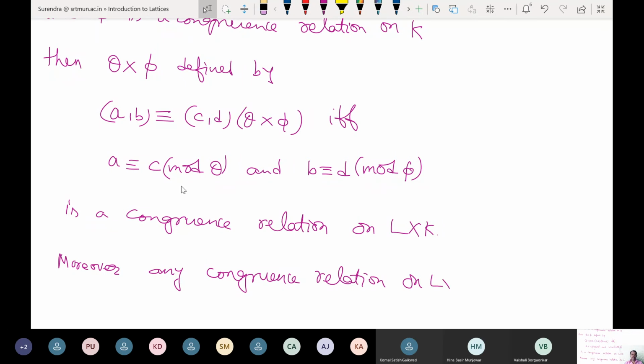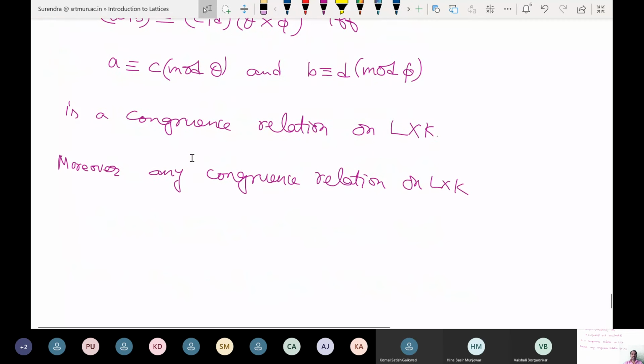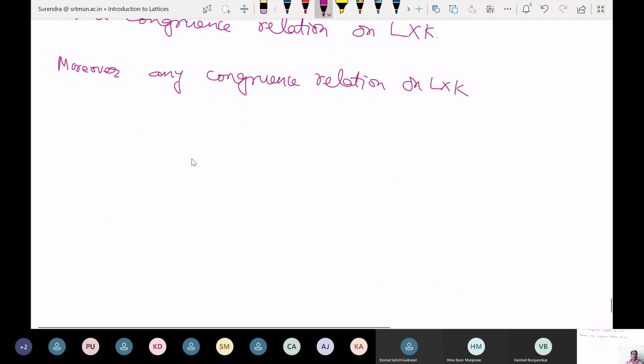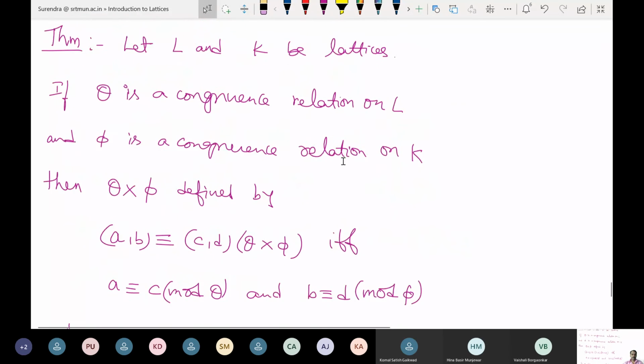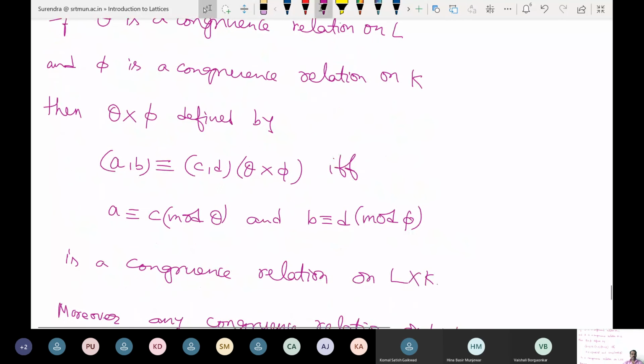That means any congruence relation we take, we should be able to write it in terms of theta and phi. So we can quickly prove one part, and we will see the remainder in the next class.